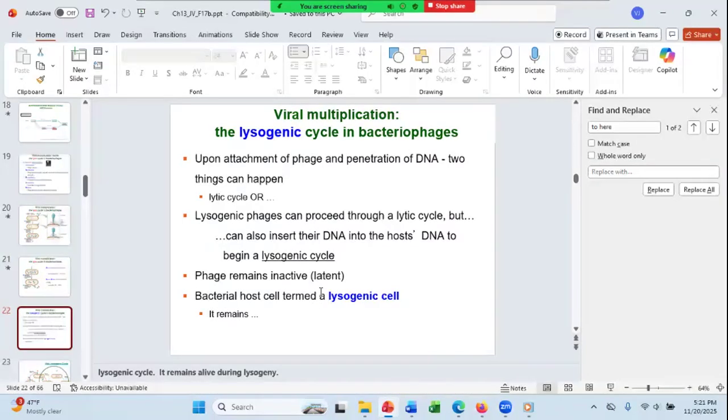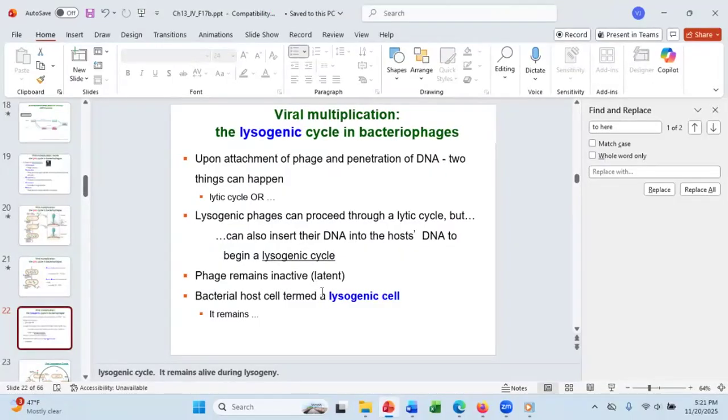All right. The lysogenic life cycle differs from the lytic life cycle in that the host cell is not killed, it is not lysed. Upon attachment of the bacteriophage and penetration, the lysogenic virus has to decide immediately what it wants to do.